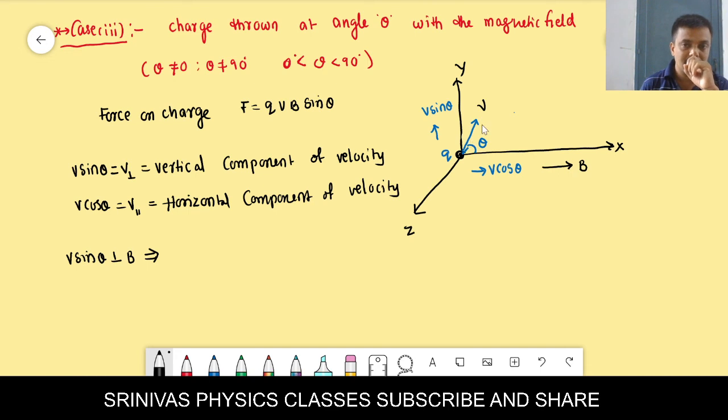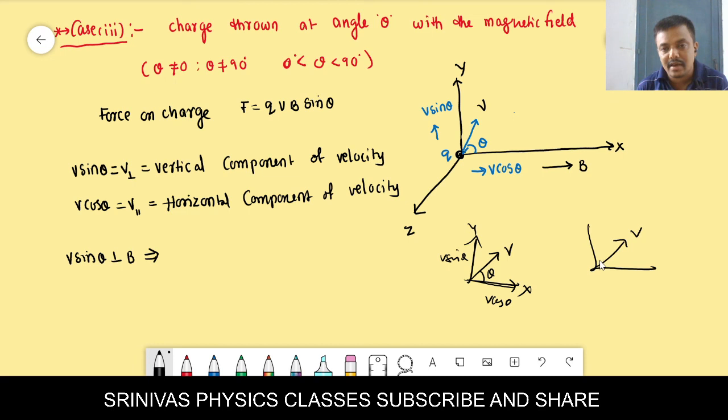Okay, how is velocity resolved? Directly, remember: here this is the velocity, and we want to resolve it into perpendicular components along the x and y axes. If the angle is here, this becomes v cos and this becomes v sin.